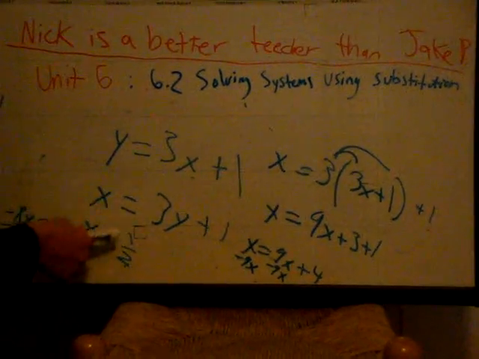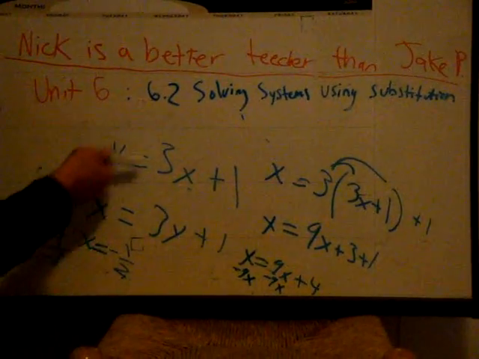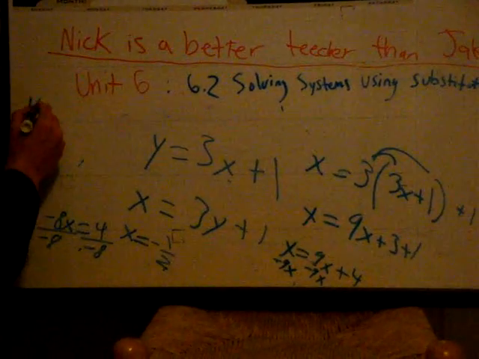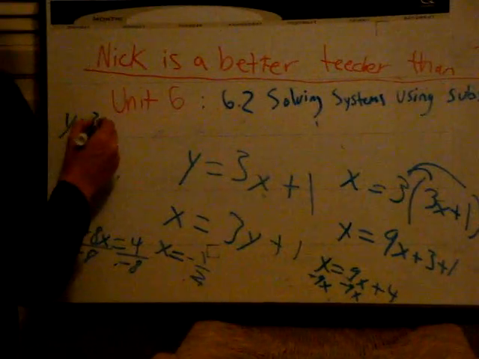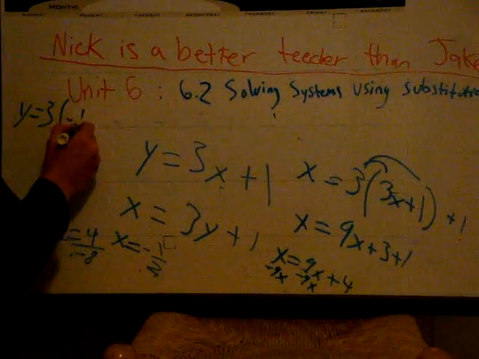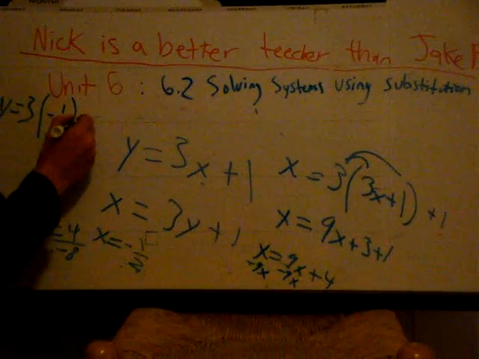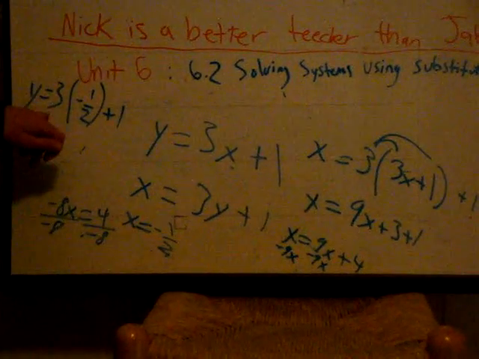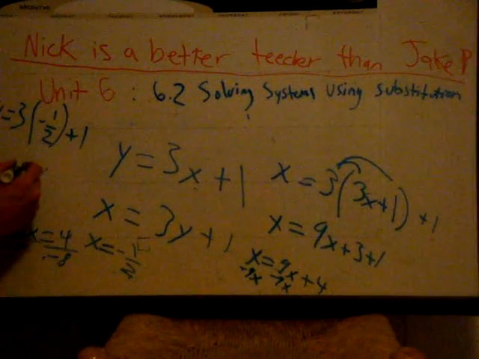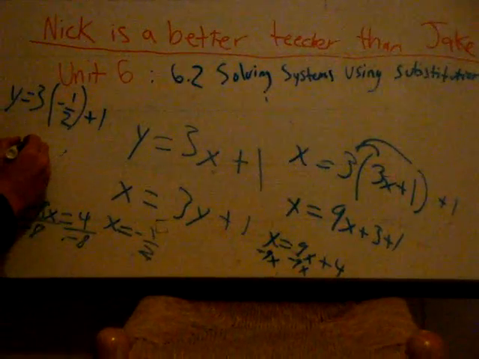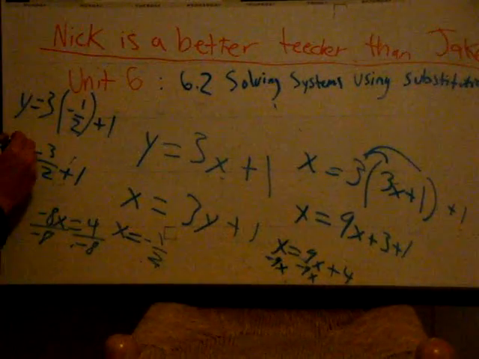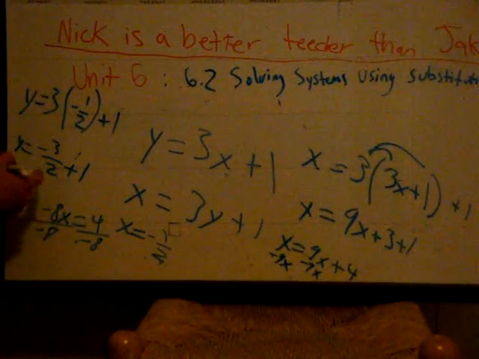Now we have to plug this back into this, which would give us y equals 3 times x, which is negative 1/2, plus 1. So we've got to multiply those together, which is negative 3 over 2 plus 1. y equals negative 3 over 2 plus 1.